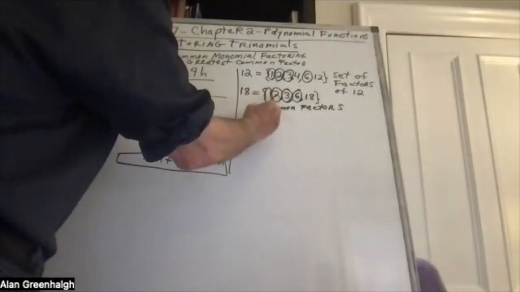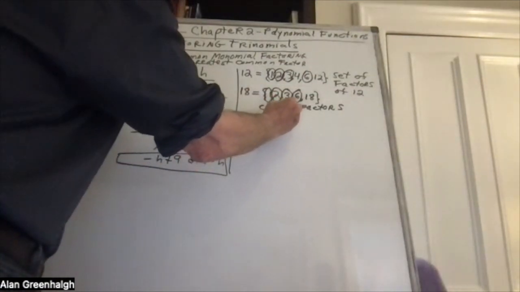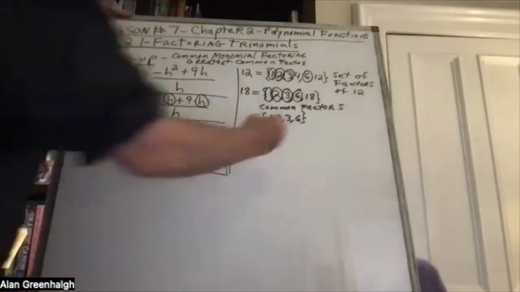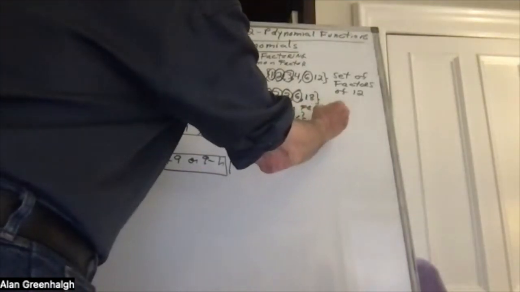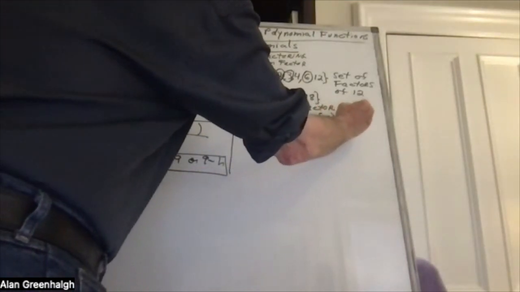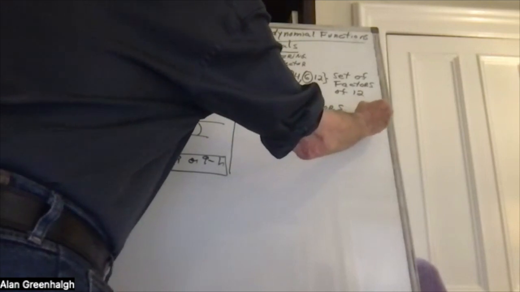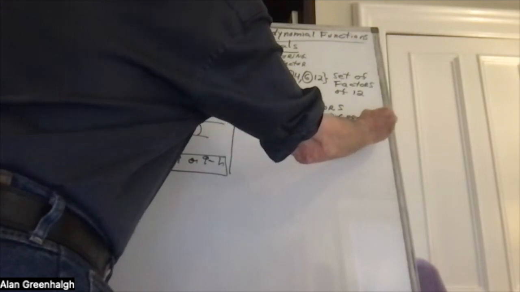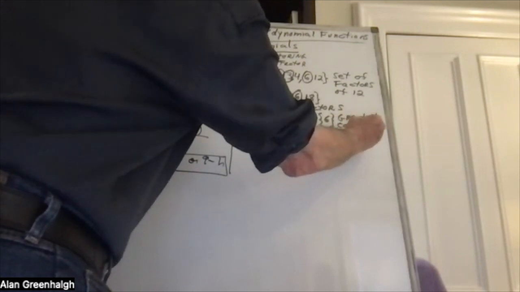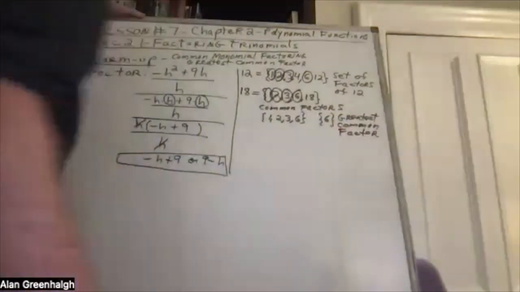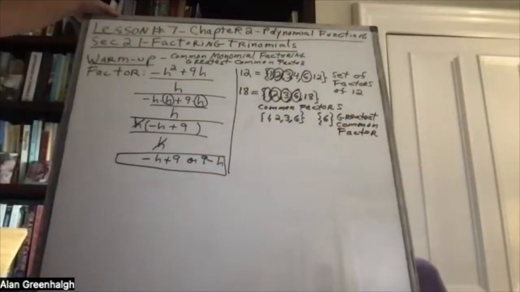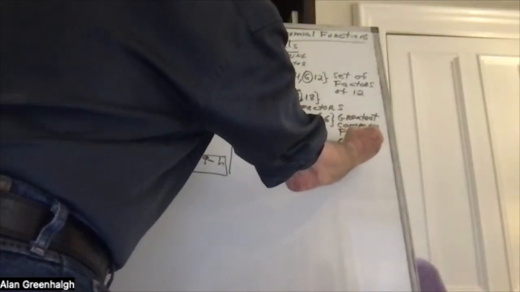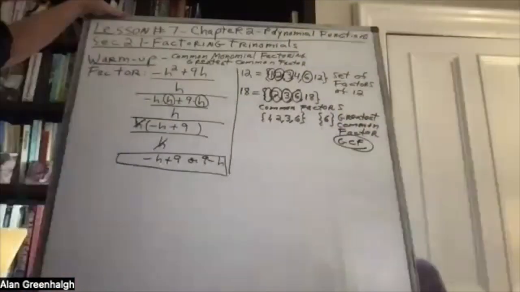So the set of common factors is 1, 2, 3, and 6. And of those common factors, 6 becomes the greatest common factor. So this is all very, very basic stuff. GCF, sometimes abbreviated as the GCF, greatest common factor.